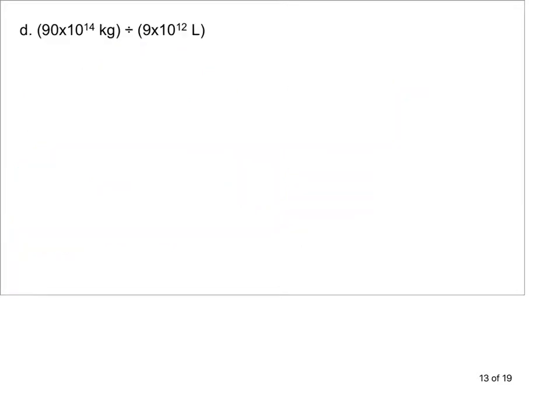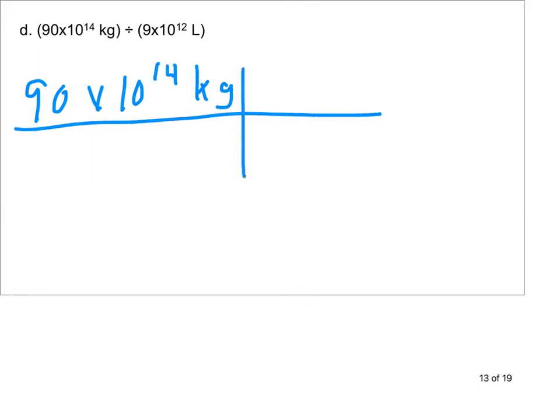Yeah, switch to a little division. 90 times 10 to the 14th kilograms divided by 9 times 10 to the 12th liters. Here we subtract exponents when we do division, so the 14 and 12 becomes a 2.